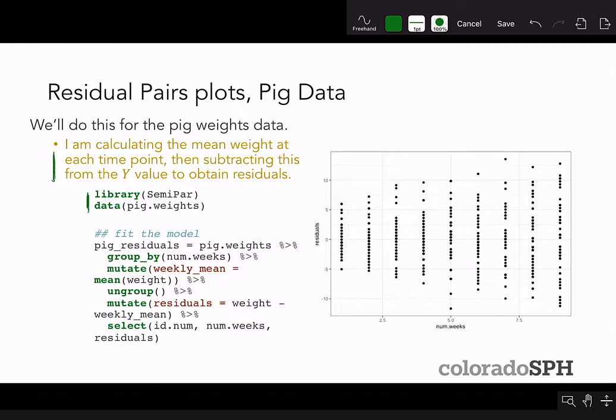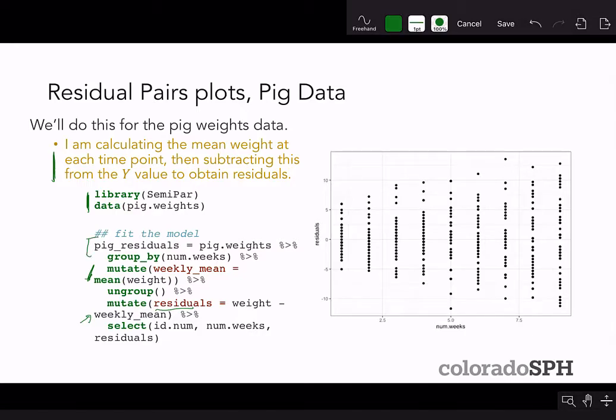And then I am defining a pig weights data set by first calculating the mean at each week. That's what's going on in this set of code here. And then I'm calculating the residuals by subtracting that mean value at each time point from the weight. This gives me a new variable called residuals. And I'm also putting that into a new data set.